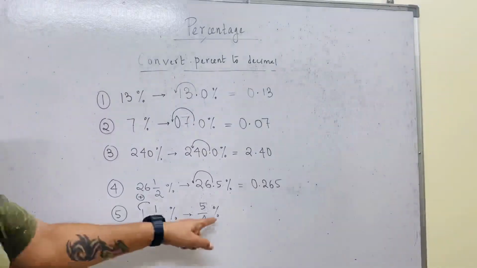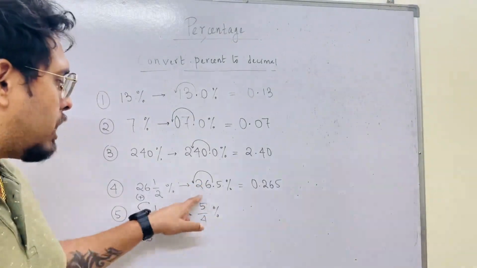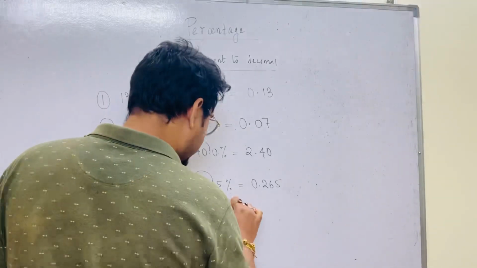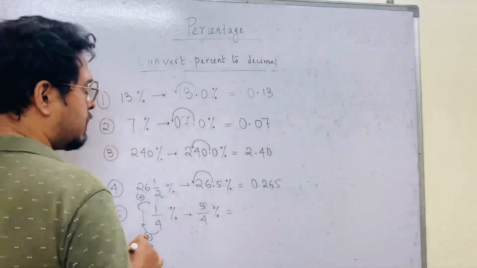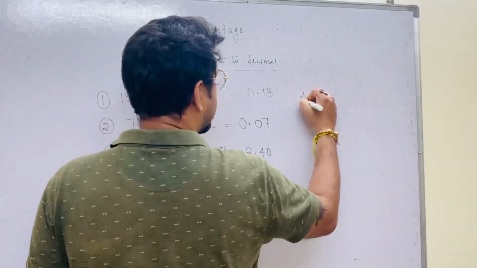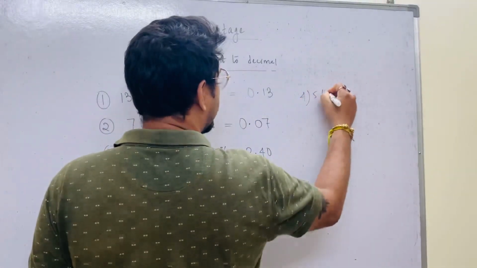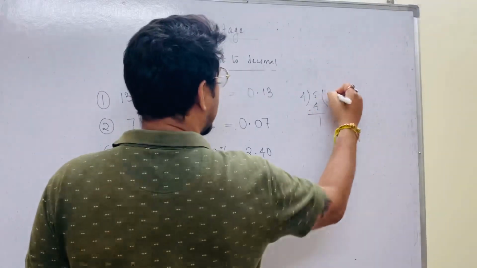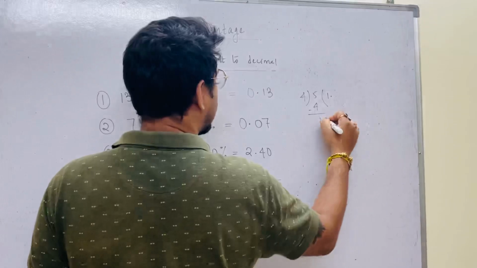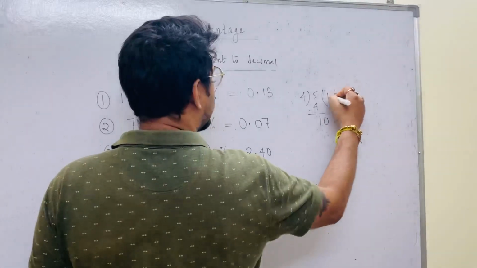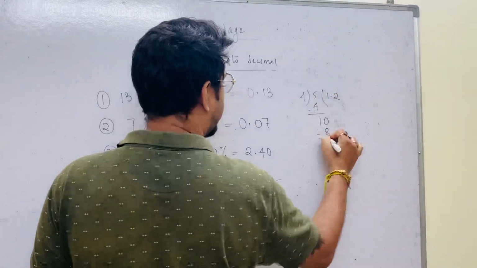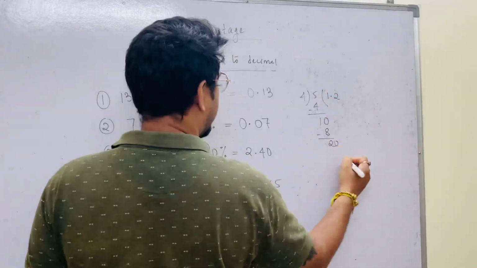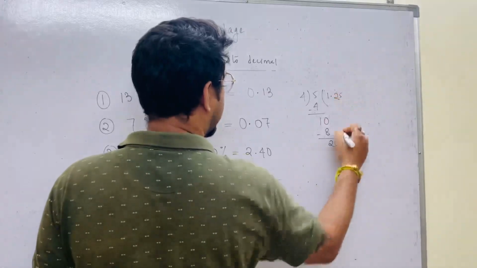Now, while it is in the percentage, I need to convert this fraction into decimal. So 5 by 4, if you convert the fraction into decimal, you can simply do it by division: 5 divided by 4. 4 times 1 is 4, subtraction gives 1. Now I put a decimal point, and I get a 0. 4 times 2 is 8, subtraction gives 2, and because of the decimal point, I get a 0 at every step. 4 times 5 is 20.